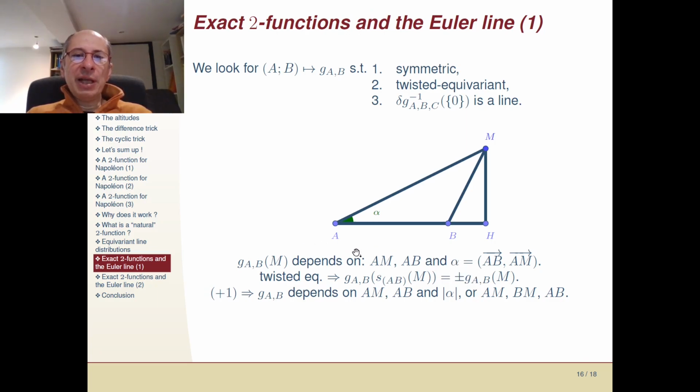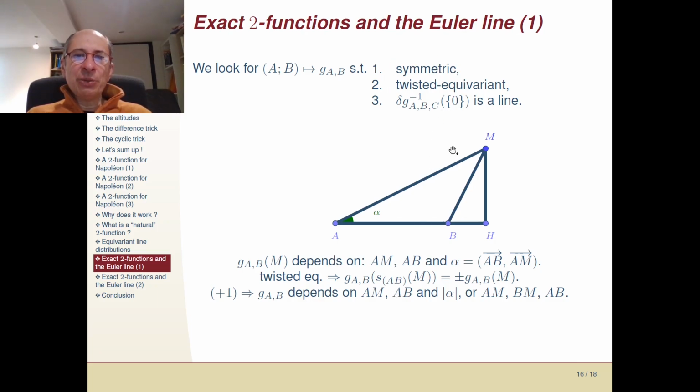So we will ask that GAB depends only on AB, AM, and the angle, but the non-oriented angle, so the absolute value of alpha. And it's equivalent to require that JB of M depends only on AM, BM, and AB, because the three sides of the triangle allow you to recover all the information that you have.